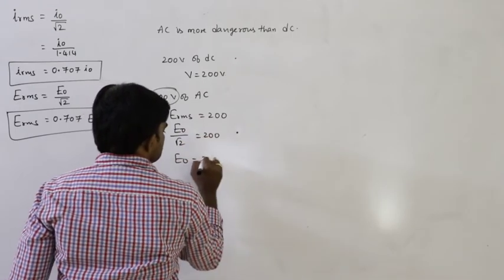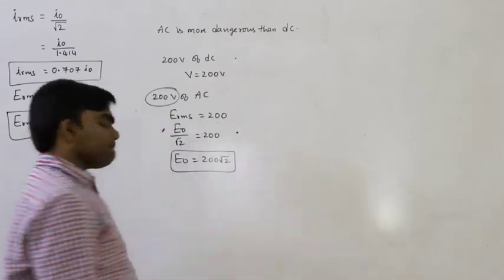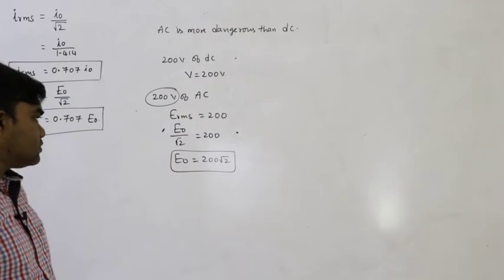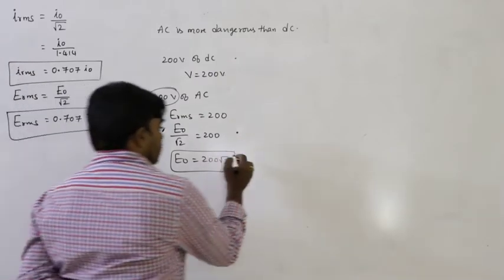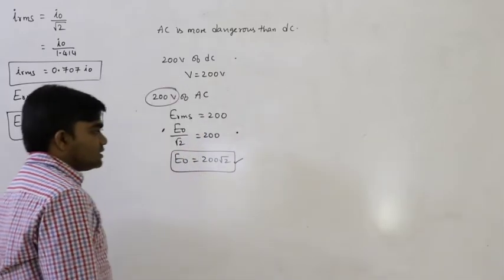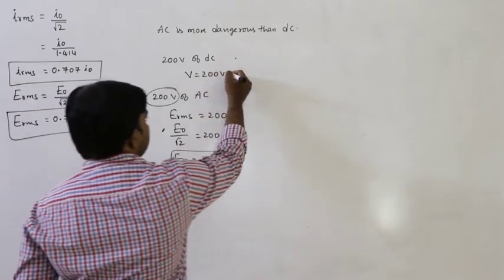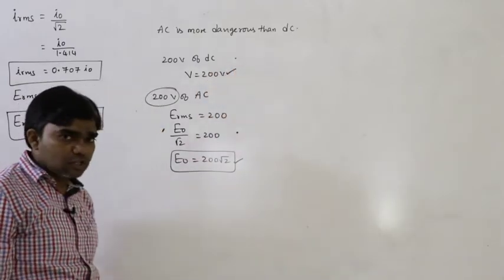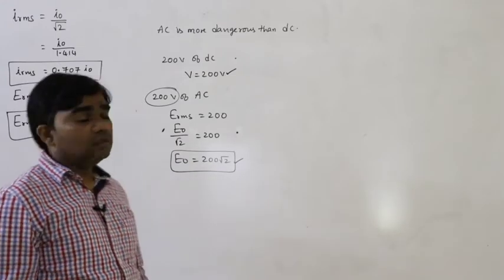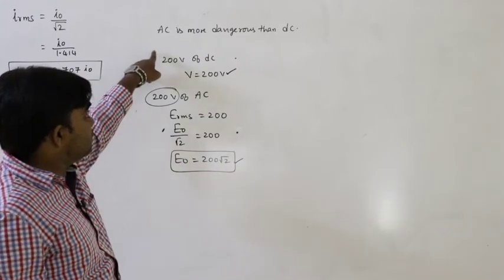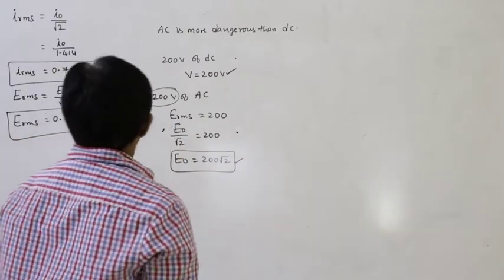E naught is equal to 200 root 2. So this is the peak value. 200 volts of AC means the peak value is 200 root 2. 200 volts of DC is 200 only, there is no variation, but here the variation is 200 root 2. That's why AC is more dangerous than DC.